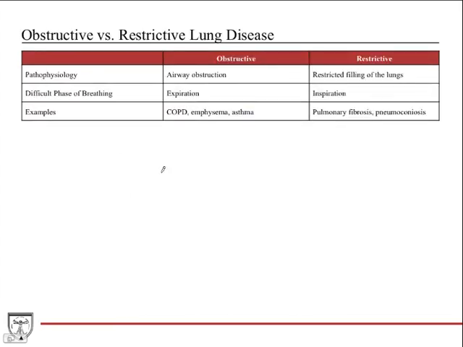So very briefly here, let's talk about obstructive versus restrictive lung disease. We'll go through the main pathophysiological differences. So obstructive is airway obstruction. If you look at a segment of the bronchial tree like this, you have your lumen, you have your smooth muscle around like this, and then you have your lumen here.